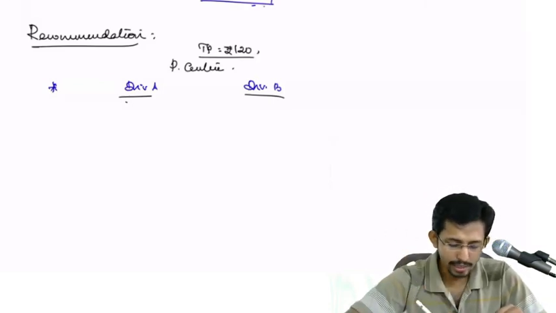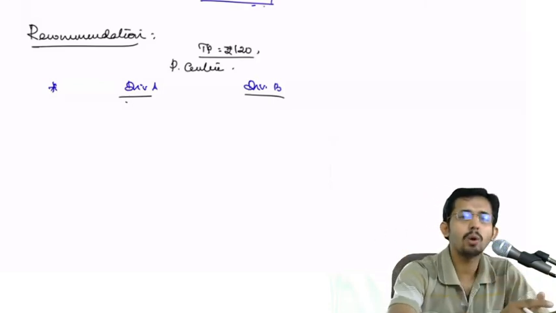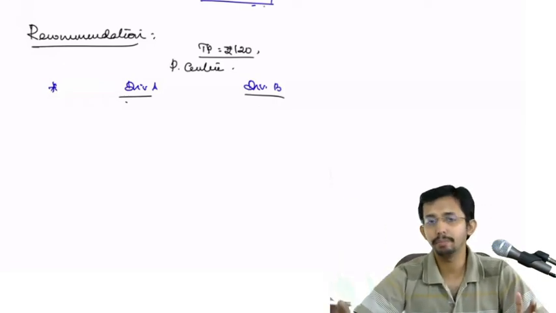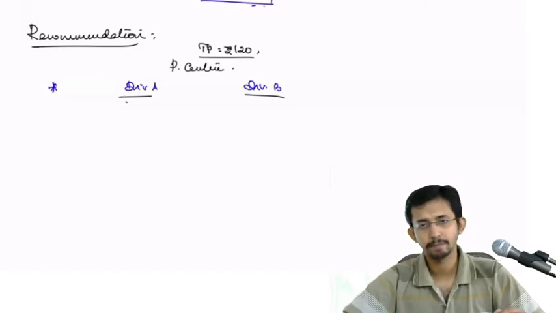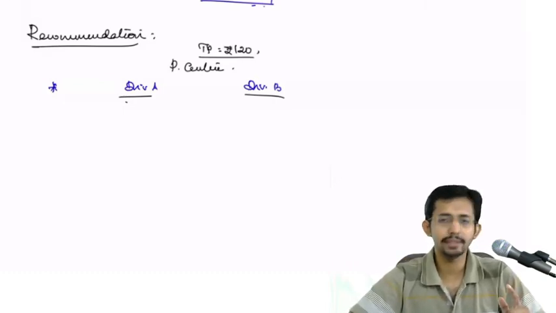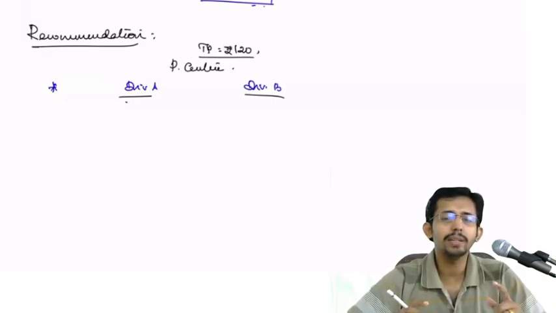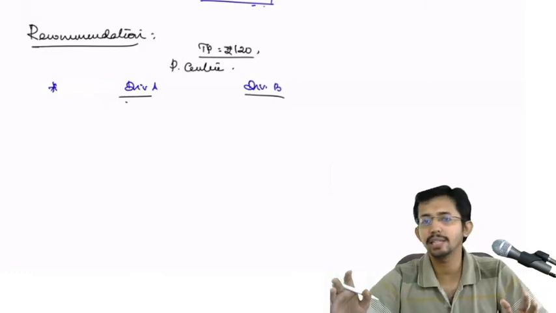So on one side, division A does not want internal transfer, the other side, division B needs it, and the chief executive officer also has suggested to go for the internal transfer. So there is a conflict between the interest of division A and division B.